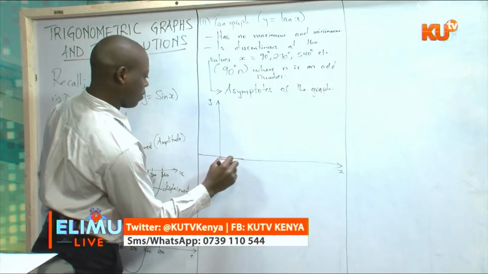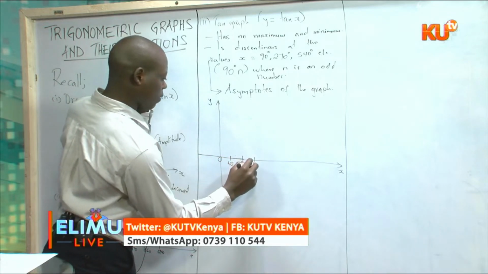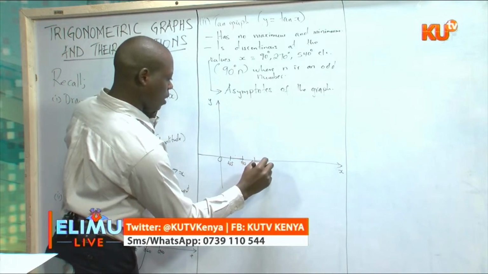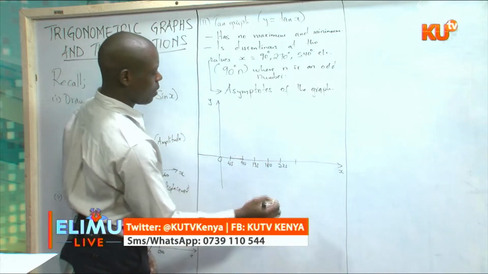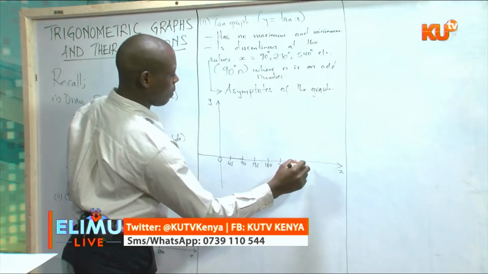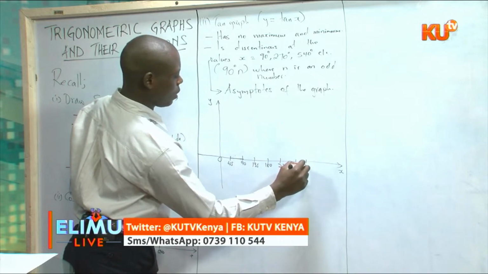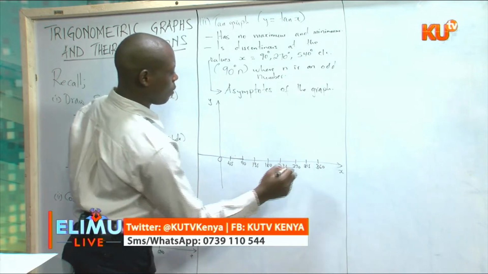Let's take this as 45, 90, 135, 180, 225, 225 plus 45, 270. Then we have 315, 360, and so on.